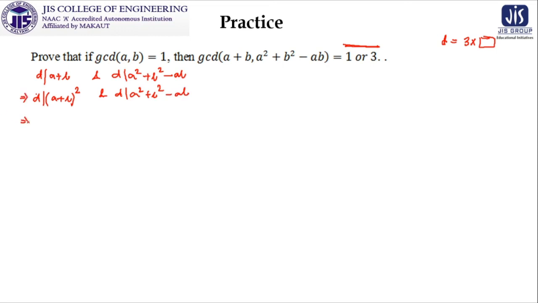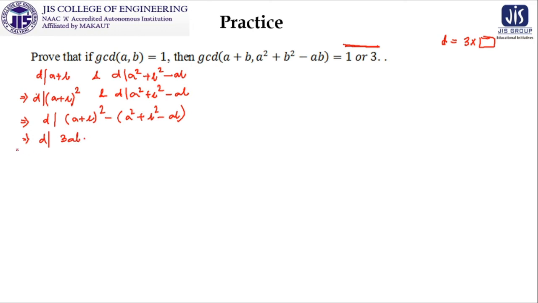Now we can write it in this manner: as d divides this one and this one, d will divide the subtraction of this one also, which indicates a square will be cancelled out, b square will be cancelled out, there will be plus 2ab minus ab, so d will divide 3ab.